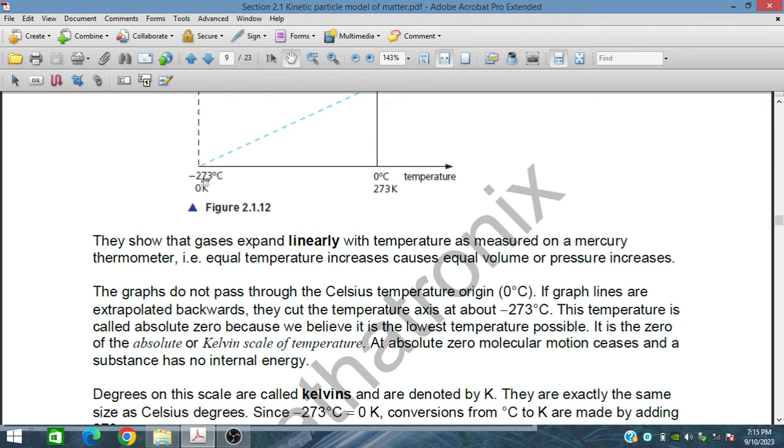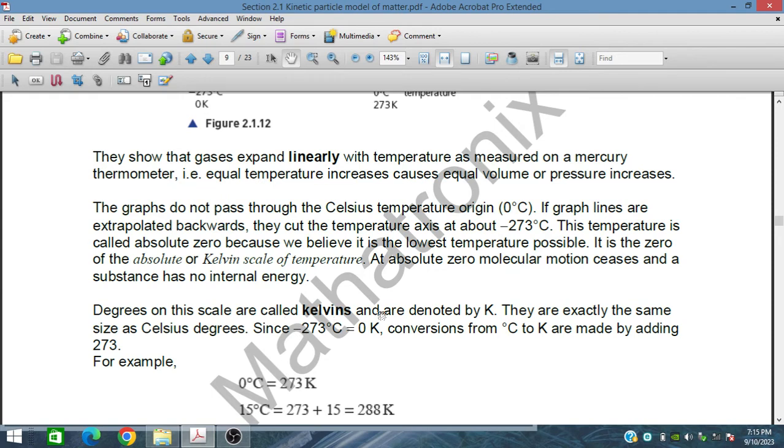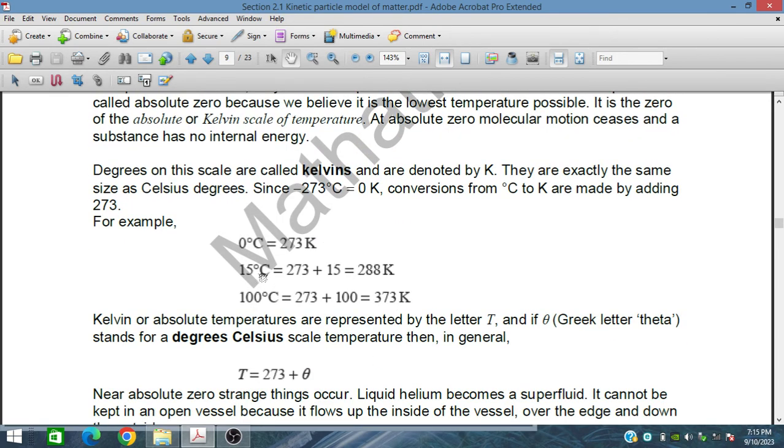Everything will be dead. The Kelvin scale is denoted by K, and minus 273 degrees Celsius is equal to 0 Kelvin. For conversion, 0 Celsius is equal to 273 Kelvin, so we add 273 to both sides.